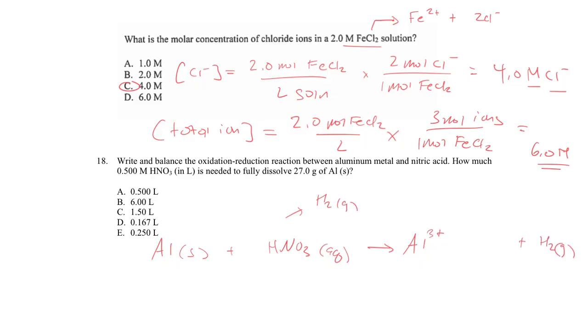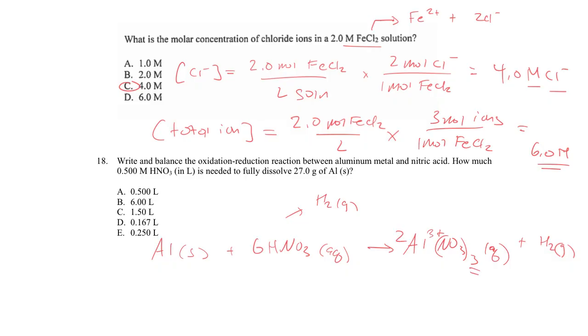And then for my balancing, I pair aluminum up with the nitrate ion. That should be water soluble because all nitrates are water soluble. And then if I need to balance here, if I put a 3 in front of the HNO3, I'm going to have an odd hydrogen count. So why don't I double here to give me 6 nitrate ions.